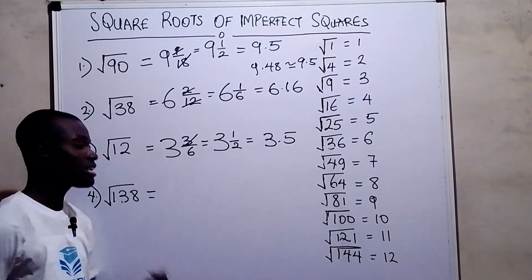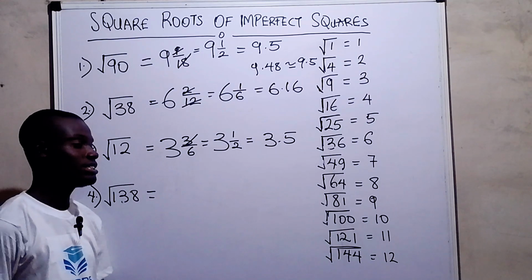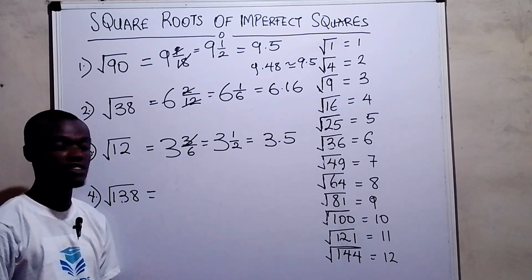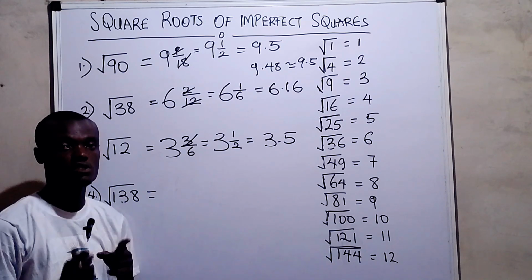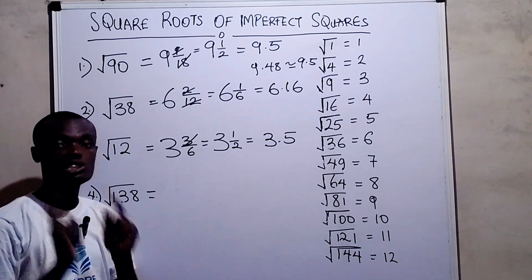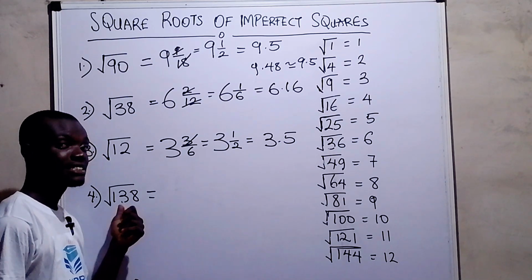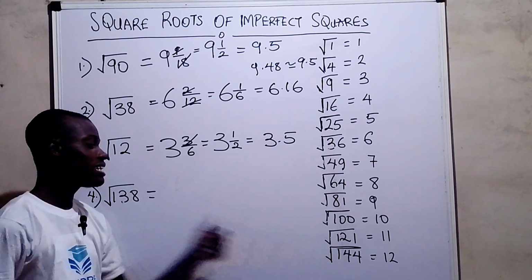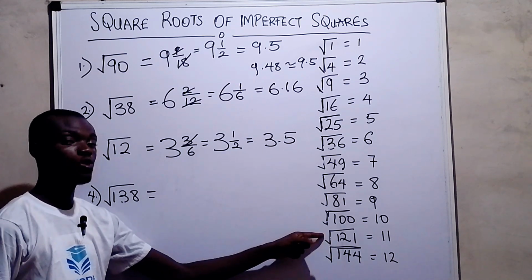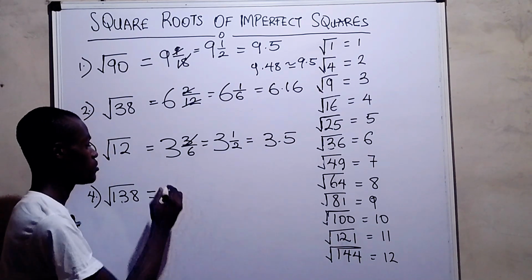So in our fourth and last question, we have to look for the square root of 138, and 138 is an imperfect square between 121 and 144. Remember the rule. The rule says we have to look for the closest perfect square that does not exceed that number. So in this case, the closest perfect square between these two that does not exceed 138 is 121. And the square root of 121 is 11.